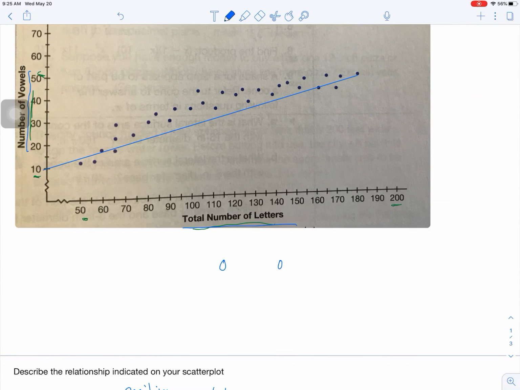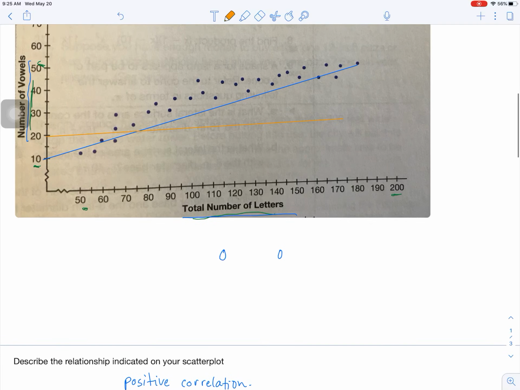So what we're going to do is choose 2 different points and see roughly what our slope would be. So let's draw our first one coming out from 20 over here. And you can see that we have a rough point that we could possibly get. We have this one here as a line.